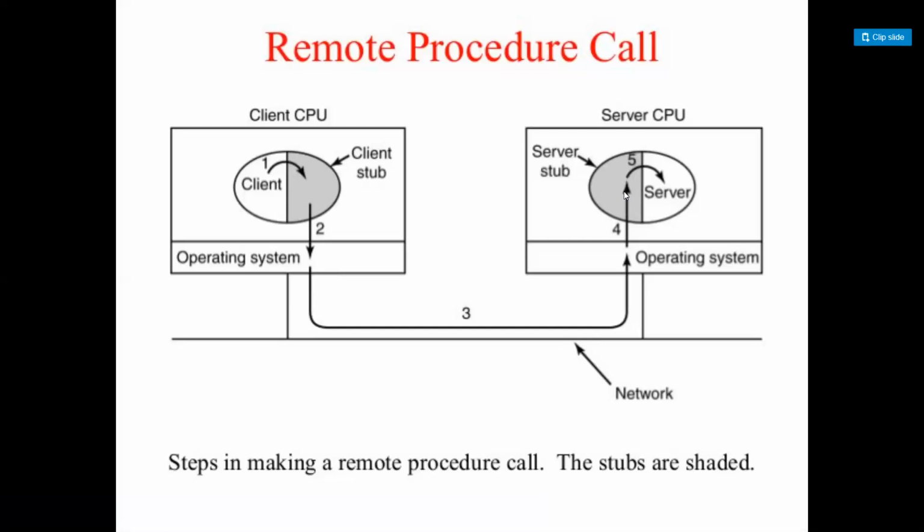Simple. For the remote procedure call, we need to know the stub. Here a stub is a piece of code that converts the parameters passed between the client and server.